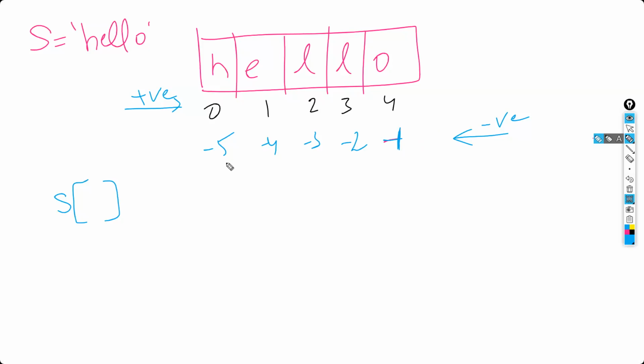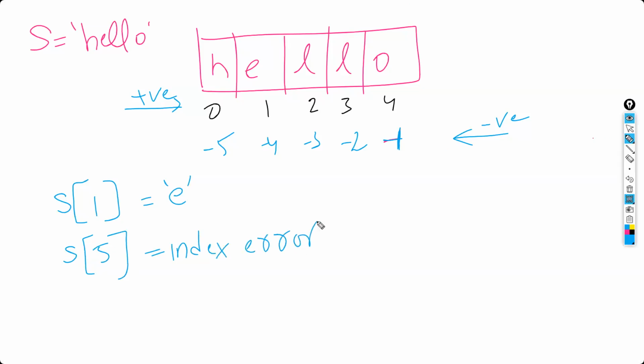So in positive indexing, tell me what index number you want. I want index number 1. Then the output at index 1 is E, string E. That is the output. If you ask s of 5, it is going to give an error called index error, because the index number you are trying is not available. Index is out of range.